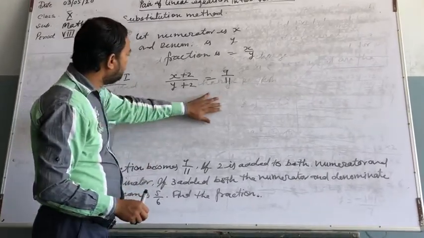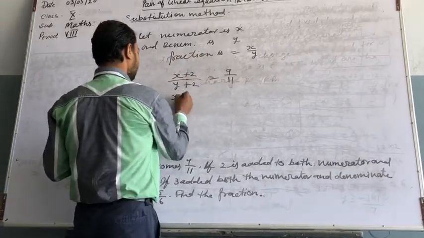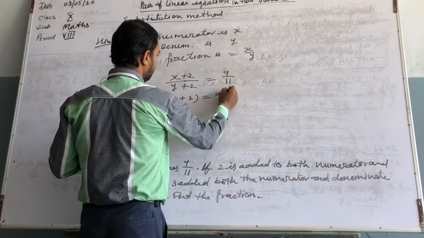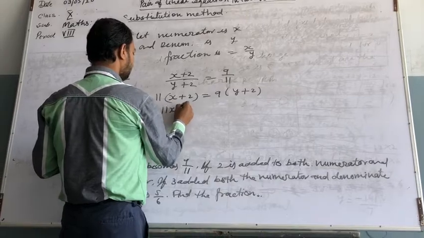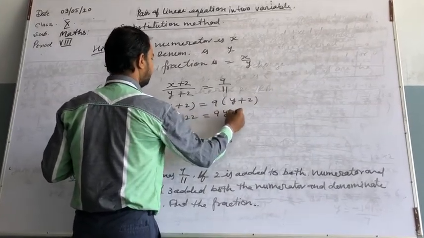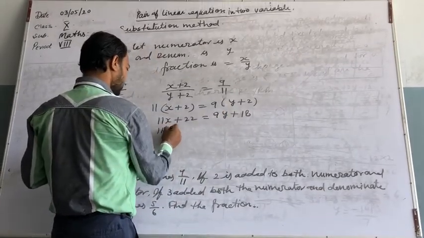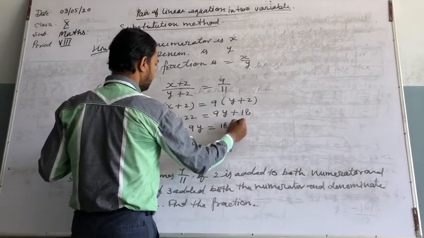So first of all, we will simplify this equation by cross multiplication. x plus 2 multiplied by 11 equals 9 multiplied by y plus 2. This will give you 11x plus 22 equals 9y plus 18. Now transfer: 11x minus 9y equals 18 minus 22.